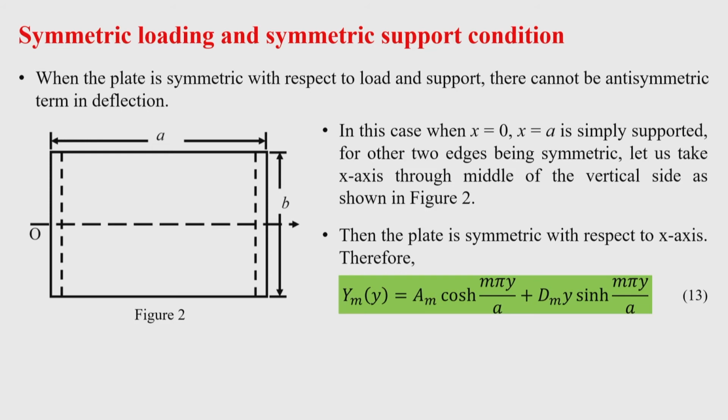When there is an antisymmetric condition, where there is an eccentric loading or anything, then in addition to the vertical deflection, the twisting moment will also be of significant amount. So, therefore, in practical conditions we will try to keep the structure symmetric as far as possible.